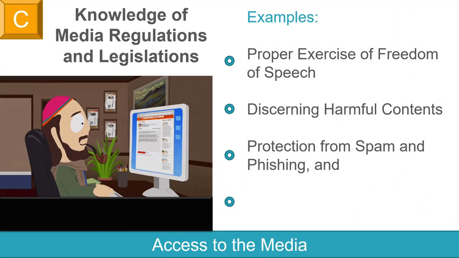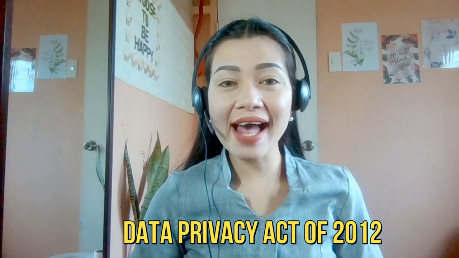And the last one we have is protection of privacy. For protection of privacy, I know you already know this one since this was included in our orientation, right? Just a review, according to the Data Privacy Act of 2012, we cannot share the personal information of others without their permission.